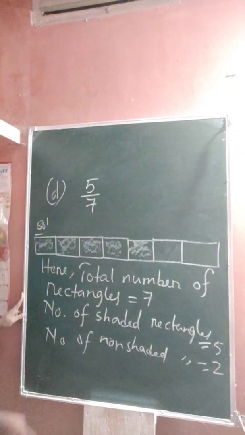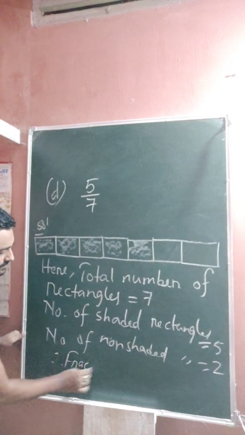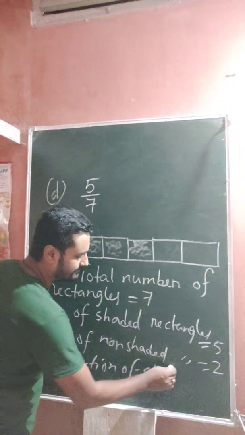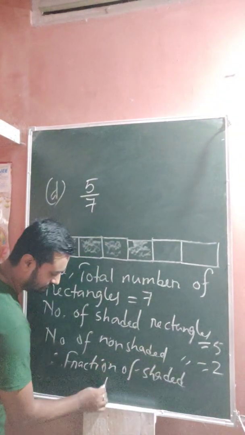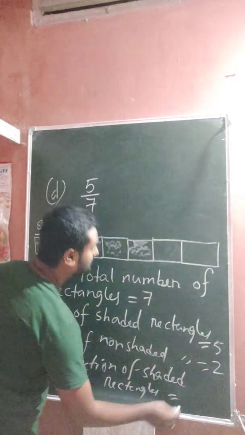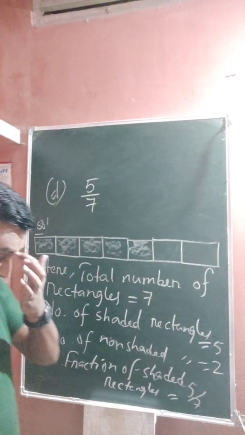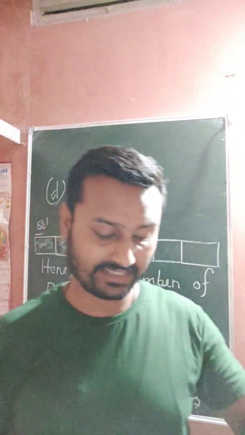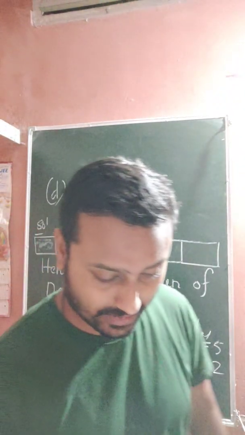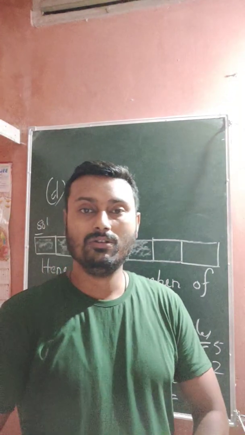Okay, so what is 5 by 7? Therefore, the fraction of shaded rectangles. Fraction of shaded rectangles is what? 5 by 7. Okay, that means 5 by 7 is actually the fraction of shaded rectangles shown in the figure. Okay, so question numbers B, C and E, all of you do as homework.